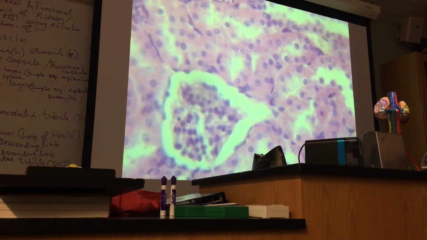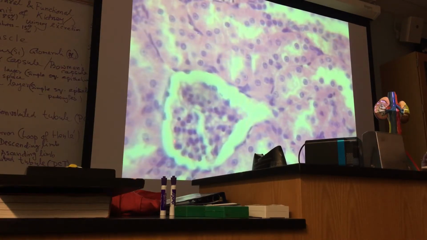So blood is forced through the glomerular capillaries coming from the afferent arteriole, and only the liquid portion and some substances, some ions, electrolytes, come out, not the blood cells.